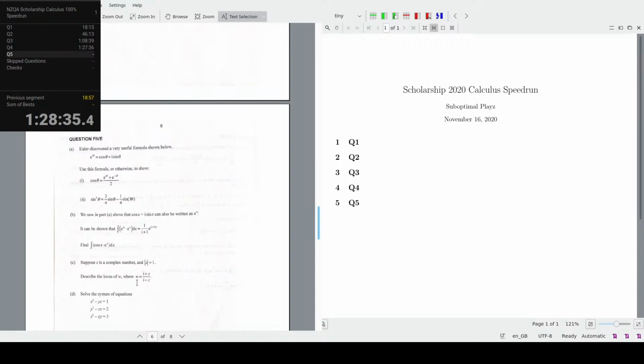Negative sine theta is equal to sine negative theta because sine is odd, right? Okay, so then we just add those two together. You get e to the i theta plus e to the negative i theta is equal to 2 cos theta, and so cos theta is equal to e to the i theta plus e to the negative i theta on 2. Right, pro stuff. Oh, that was only the first part. There's a second part. Okay.